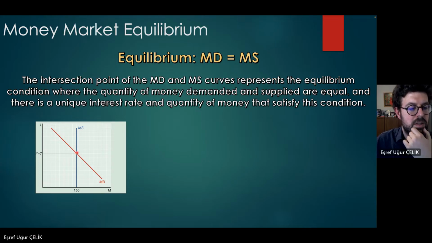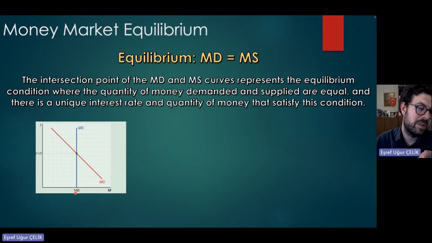So that is the money supply curve, and that is the money demand curve. The intersection point of the money supply and money demand curves gives the equilibrium interest rate. You can see that is the money supply. Some books also call it the equilibrium money supply amount.